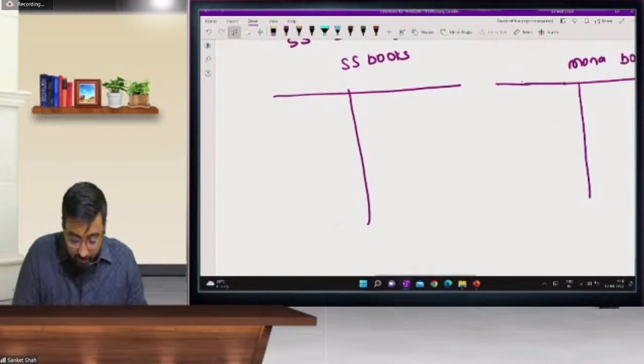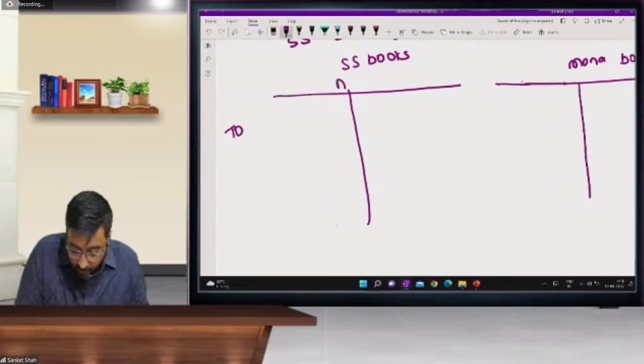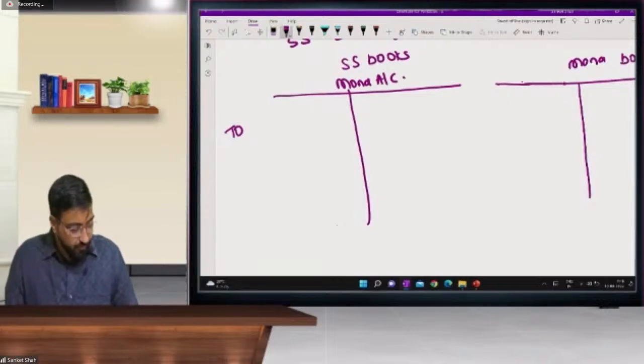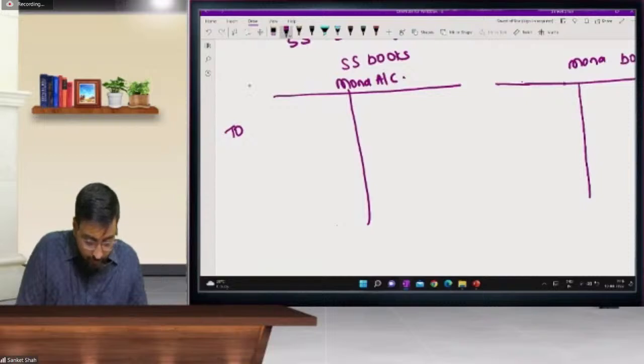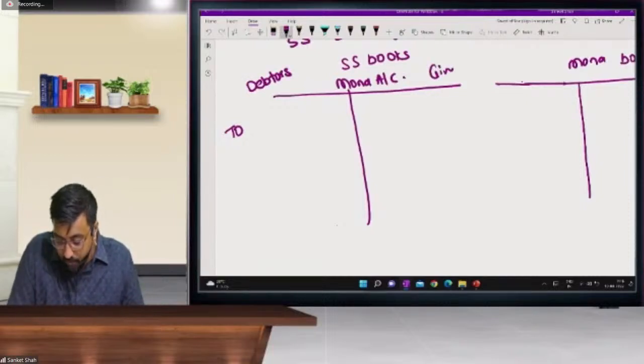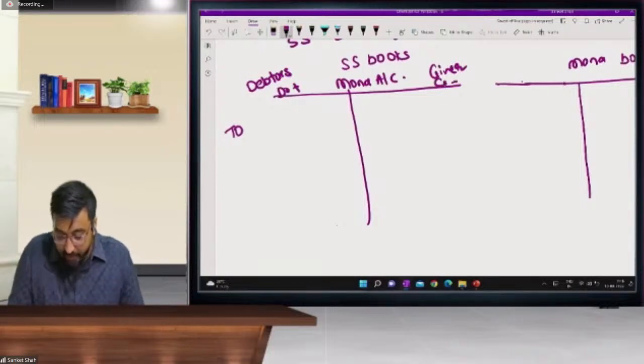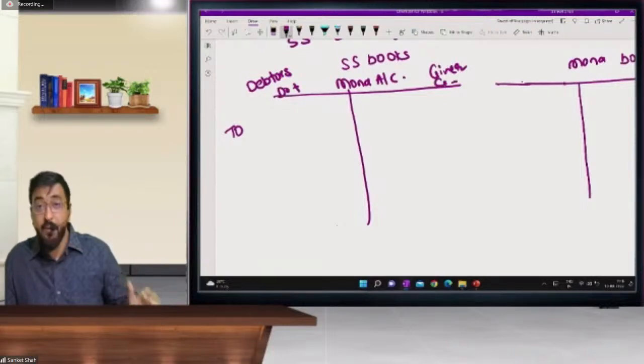SS books में I will pass entry Mona account. So whenever I sold goods, I will pass entry debtors, and Mona is for me debtor, debit plus and credit minus. So this is a technique. Debit plus credit minus.